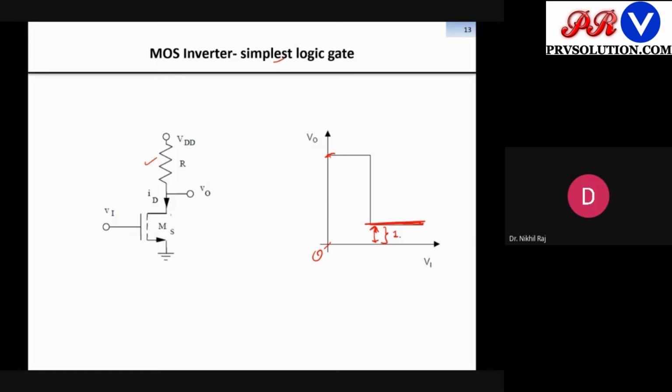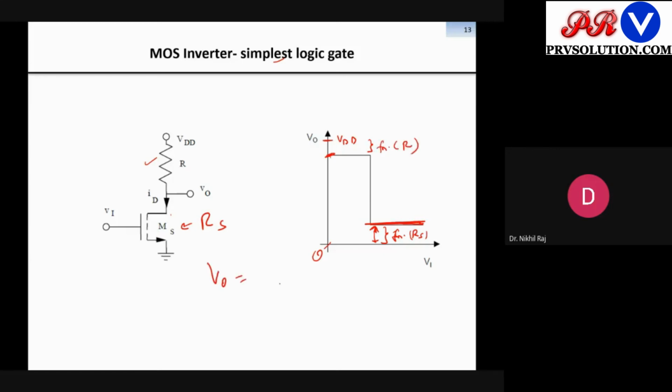This is the MOSFET, whose resistance let's say is RS. So whatever the drop is, it is a function of RS. Similarly, with VDD here, the output is a function of R.